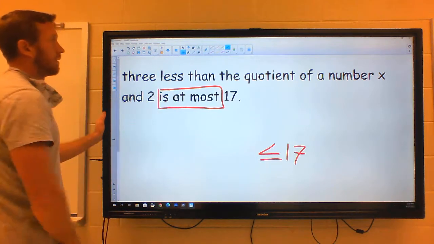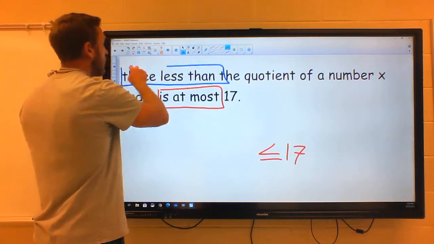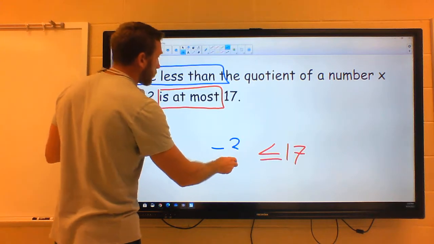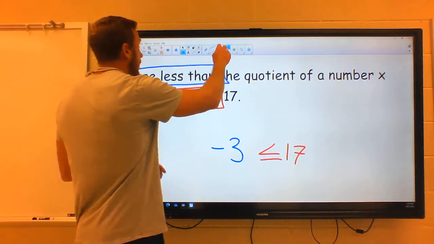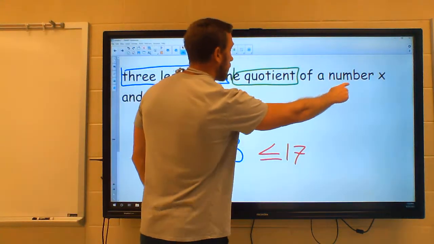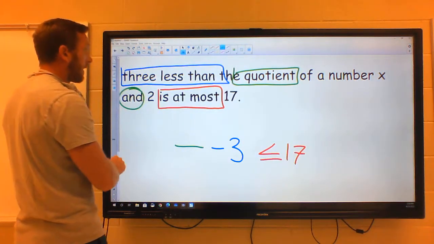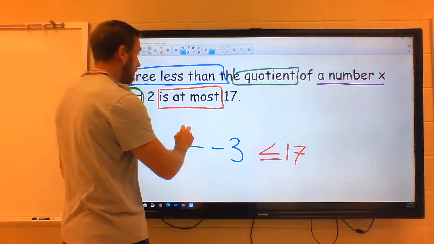3 less than. Okay, so in some capacity, we're subtracting 3 from something. We're subtracting 3 away from something. What are we subtracting it away from? A quotient. Quotient of something and something else. And remember, the first value, that's our numerator.